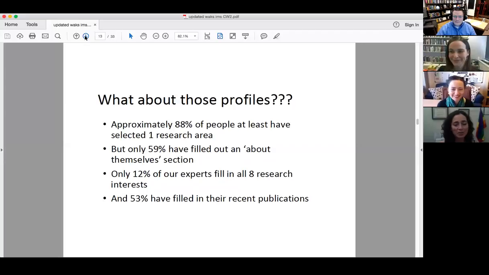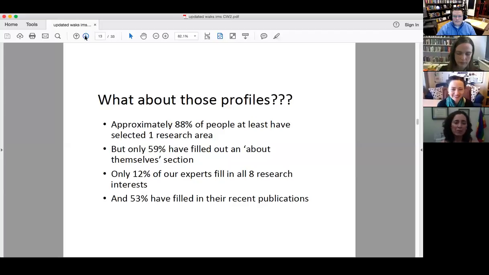And so just to emphasize this point that not all of the profiles are complete, you see here on this slide, only 88% of people have selected one research area, right? The negative part of that, the reverse of that, is that 12% of people haven't selected any, and only 59% have filled out an About Themselves section.